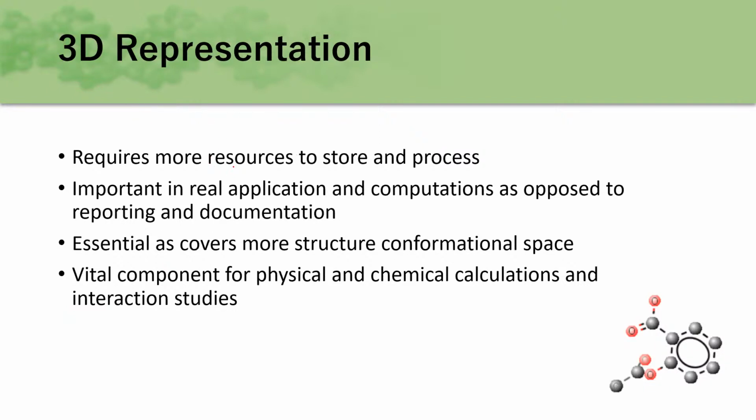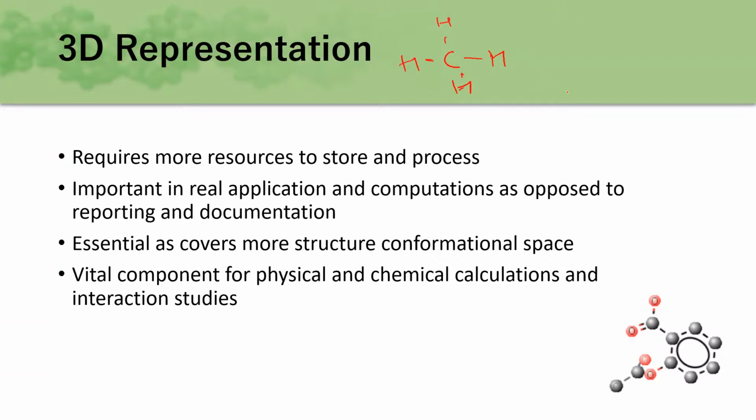So to generate this 3D representation of the molecule, it does require more resources because it has to perform a lot of computation. Let's take a very simple example. You know the structure of methane, which is CH4.